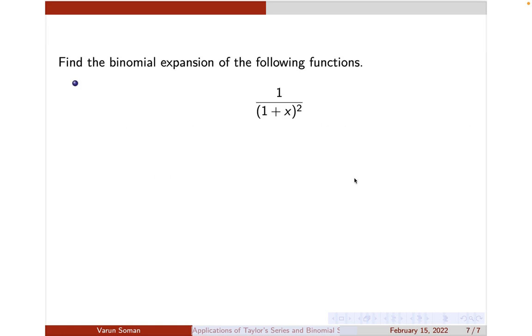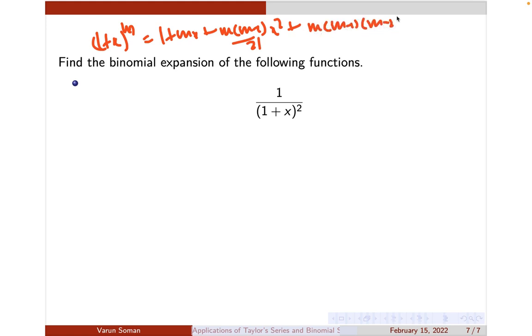So 1/(1 + x)². Before that, remember the expression: (1 + x)^m = 1 + mx + m(m − 1)/2! x² + m(m − 1)(m − 2)/3! x³ + etc. So write the first few terms.